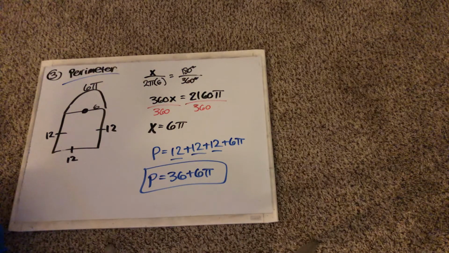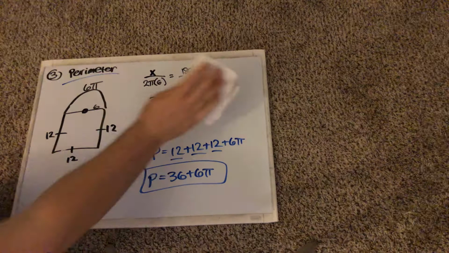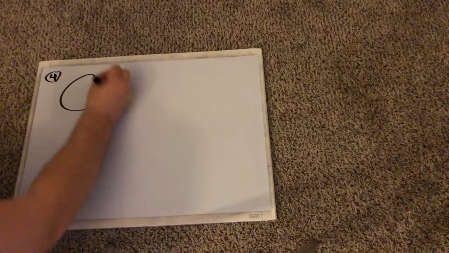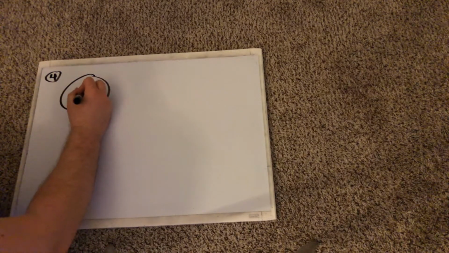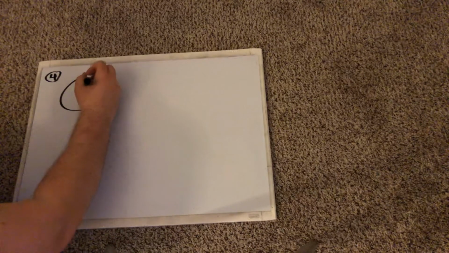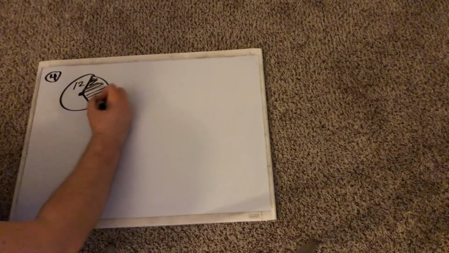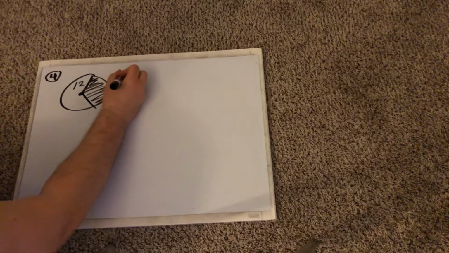Let's do a couple examples of area. Number 4. This is 12. 120 degrees.